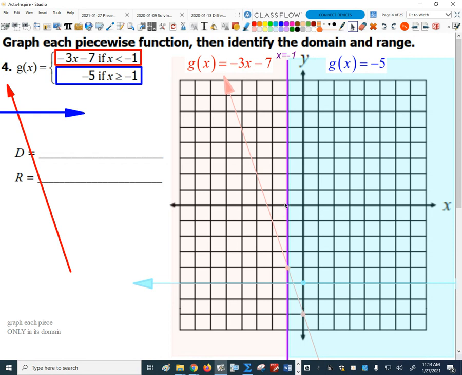Everybody agree? Right? Now, if I had given you this problem a week ago, if I'd said I want you to graph the inequality x is less than negative 1, what would you have done?